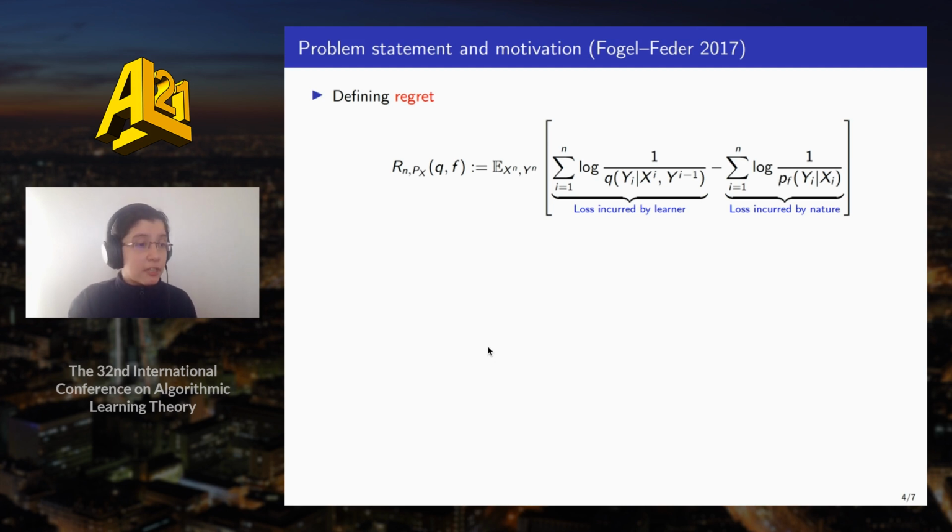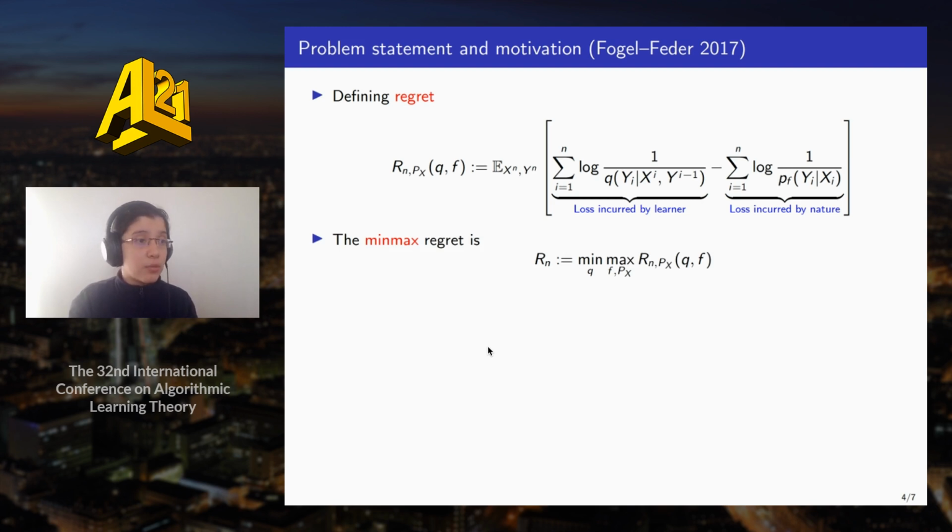As the game continues, the losses of both the learner and the adversary will accumulate over time, and we have the regret, which is the expected value of the cumulative loss of the learner minus the expected value of the cumulative loss of nature. The expectation is with respect to the random x1 through n and y1 through n. Subsequently, we can also define the min-max regret, which is the minimum value of the worst case regret.